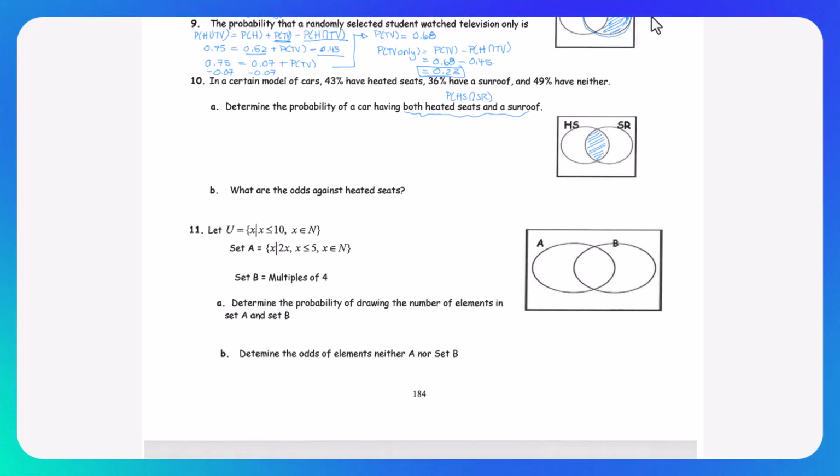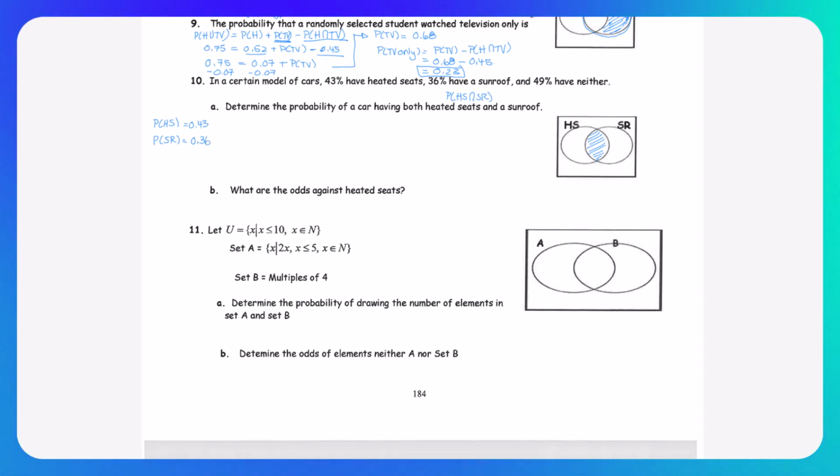So that means, let's see what we know. Well, we know the probability of heated seats. The probability of heated seats is 0.43 as a decimal. Remember, probability must be in a decimal. The probability of a sunroof, well, that's 0.36.